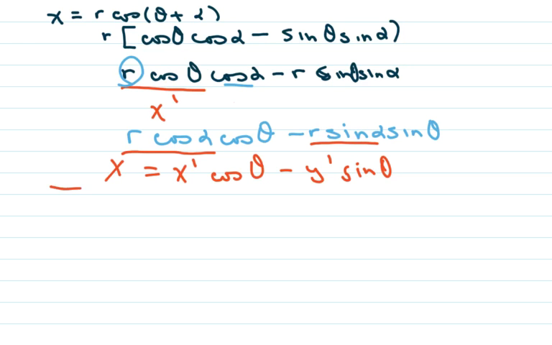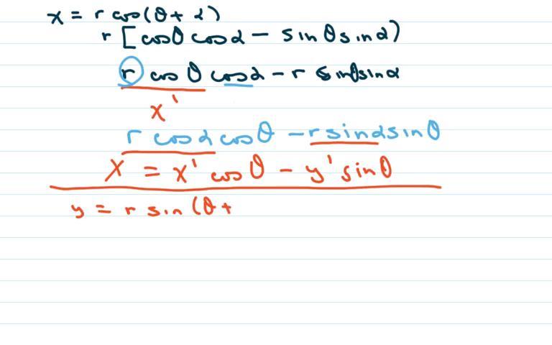The same thing happens for your y. I'm going to go a little faster on this one. So y equals R sine of theta plus alpha, and we use the sum formula again: R times sine of theta cosine of alpha plus cosine of theta sine of alpha.